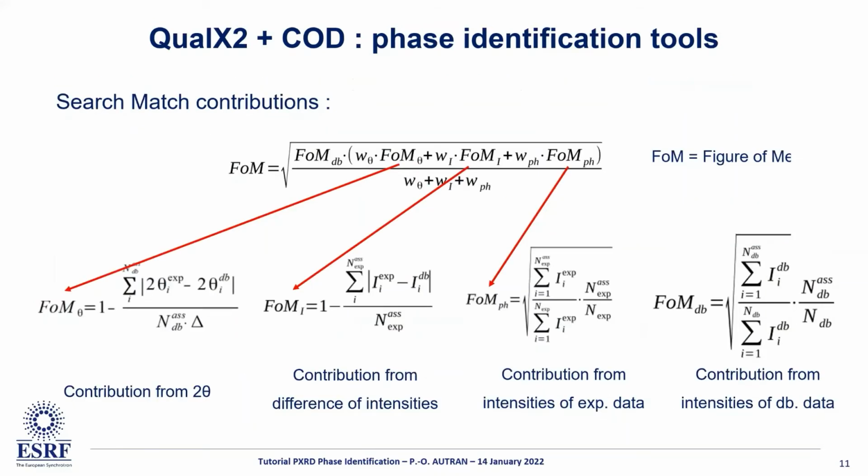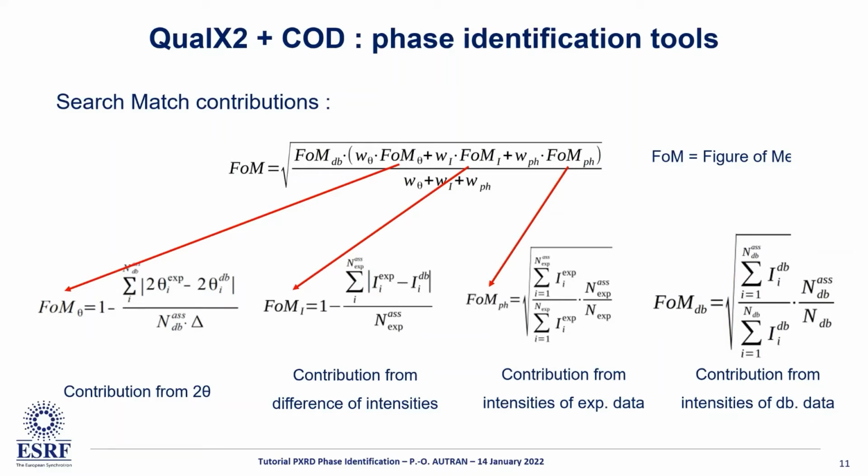How it works: this is a very big formula, but it's easier than it looks. The program calculates, for a diffraction pattern, a figure of merit for each phase in its database. It's a number between 0 and 1. 0 means the phase is probably not in the diffraction pattern, and 1 means the phase is probably in the diffraction pattern.